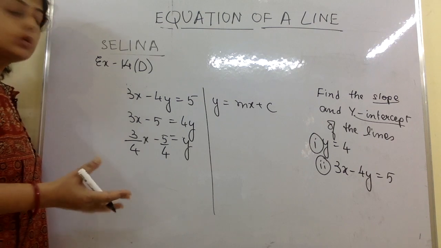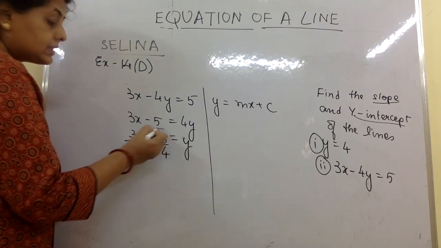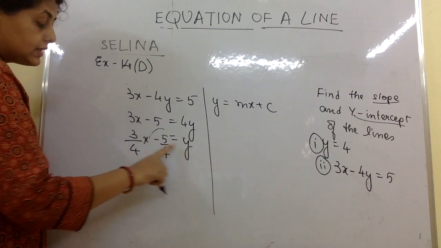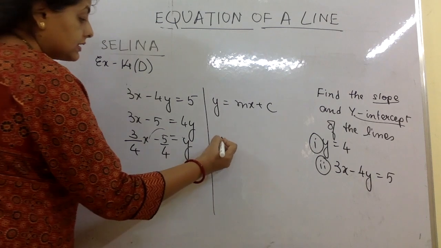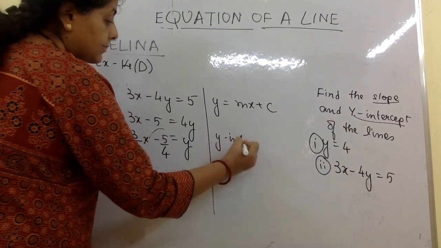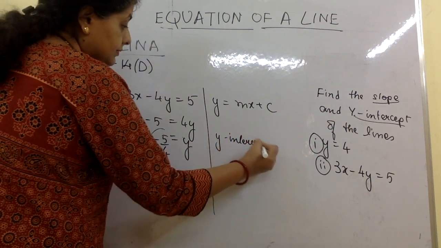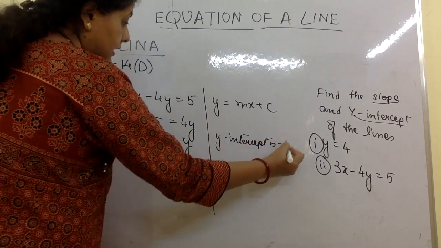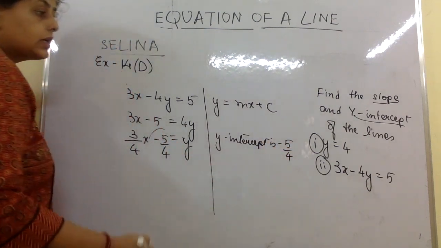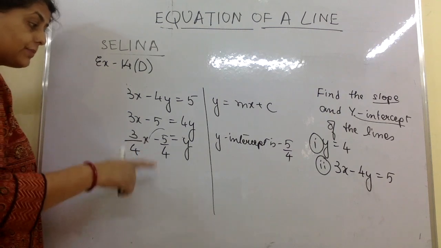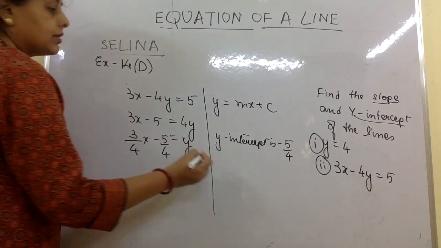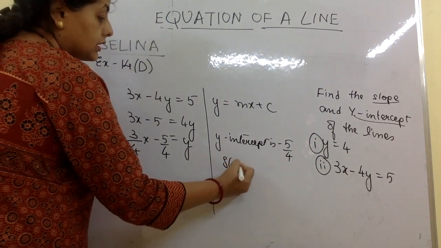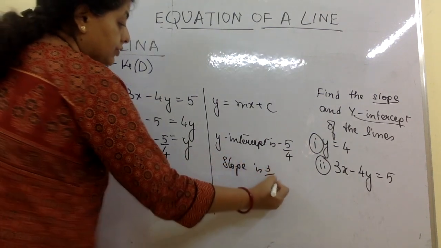Now note what? Here, this is my c. y is equal to mx plus c. So here is my c. So c, that is the y-intercept, is minus 5 by 4. Not just 5 by 4 but minus 5 by 4. And the slope you can see is 3 by 4. Slope is 3 by 4, right?